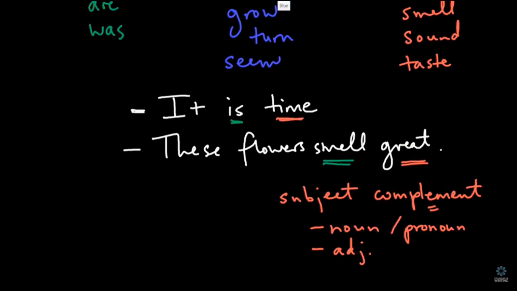Now we have some fancy names to describe these two options. If it's a noun, then it could be called a predicative or predicate nominative. Again, it's predicate nominative, a very fancy term, or a predicate noun.